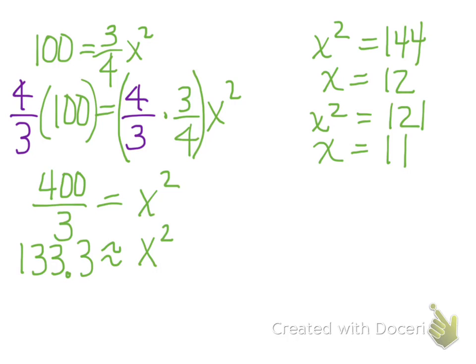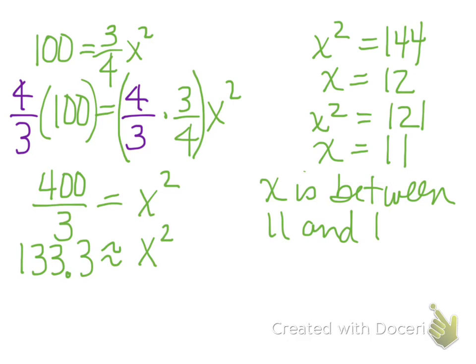So x is between these two whole numbers, right? Between 11 and 12. And we could ask ourselves, which one is it closer to? Is 133 closer to 121 or closer to 144? Well, it's a little bit closer to 144.